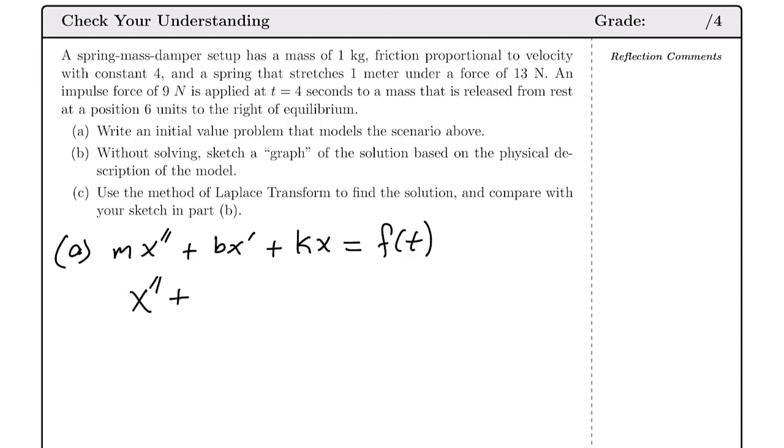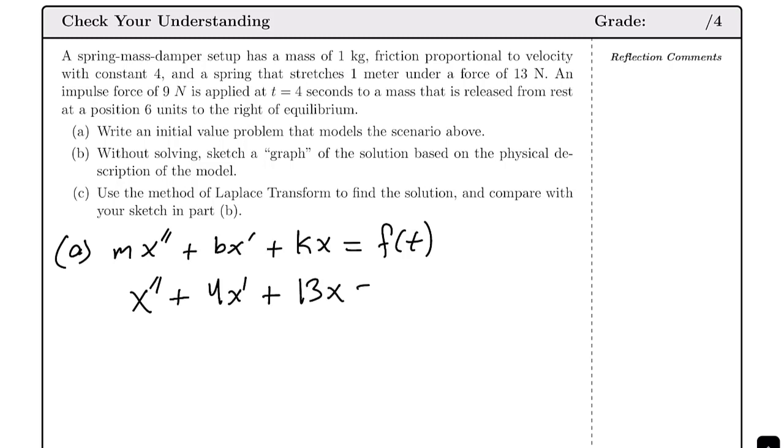They've told us that friction is proportional to velocity with constant 4, so that's a 4x prime right there. And they've told us that a spring stretches 1 meter under a force of 13 newtons. So if the force is 13, then x would be 1, and therefore k, to make that equal, would have to be 13. So the spring force constant is 13.